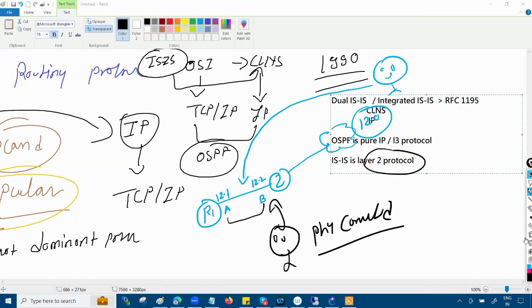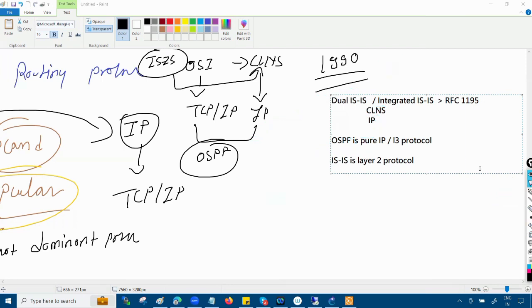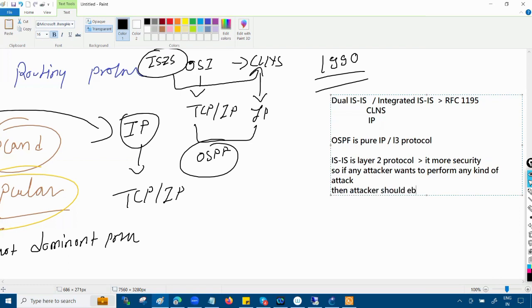So IS-IS is a pure layer 2 protocol, and it provides more security. Any attacker wanting to perform any kind of attack must be physically connected.